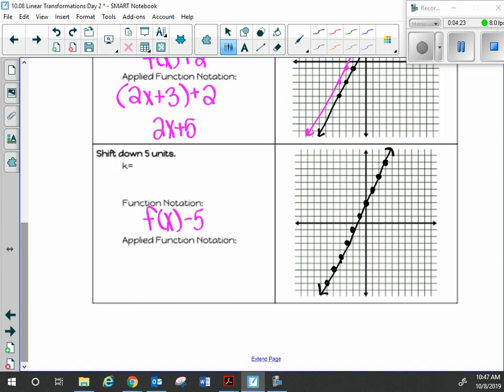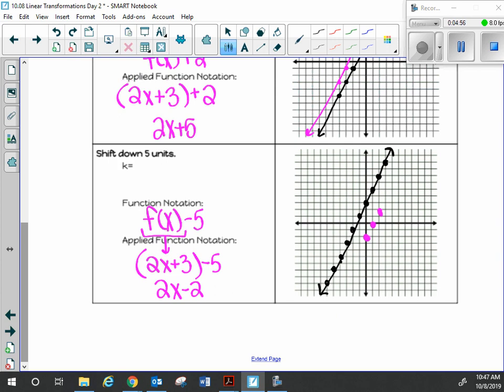And then we apply the rule by replacing f of x with, what's our function? 2x plus 5 plus 3. So when I simplify that, what's my new function? 2x minus 2. And it should be 5 units lower than my previous function.